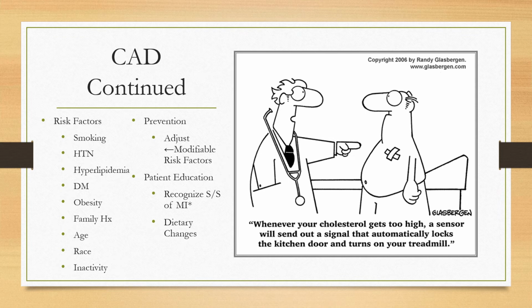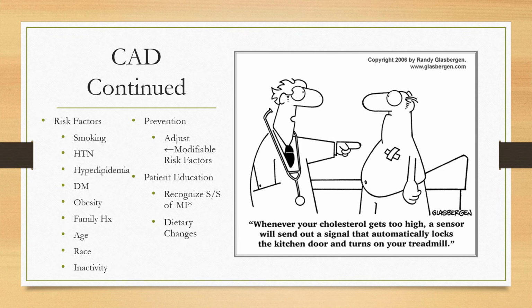Hyperlipidemia, which is high cholesterol levels, same thing. Diabetes damages the blood vessels. Okay, but the high sugar content in the blood is damaging the vessels and leading to atherosclerosis, type 1 or type 2 diabetes. Obesity, obesity often leads to hypertension and hyperlipidemia and diabetes, so it's a risk factor in itself.